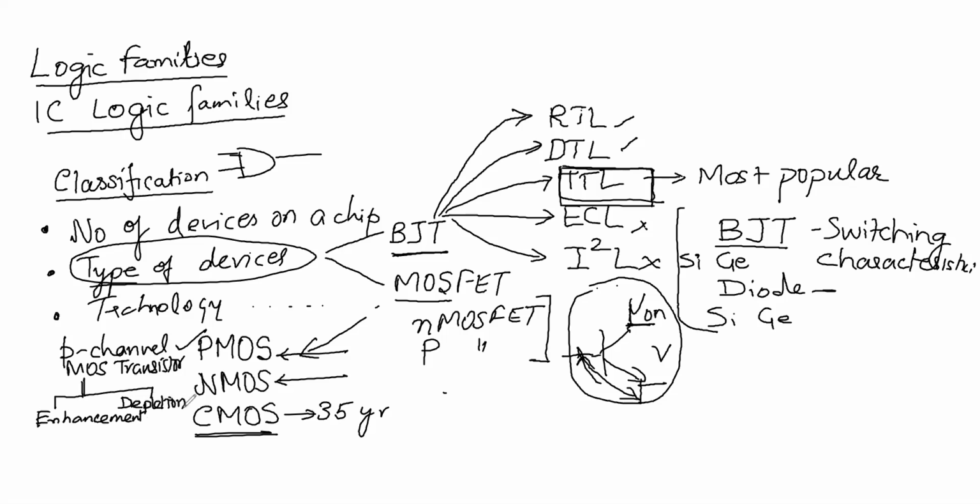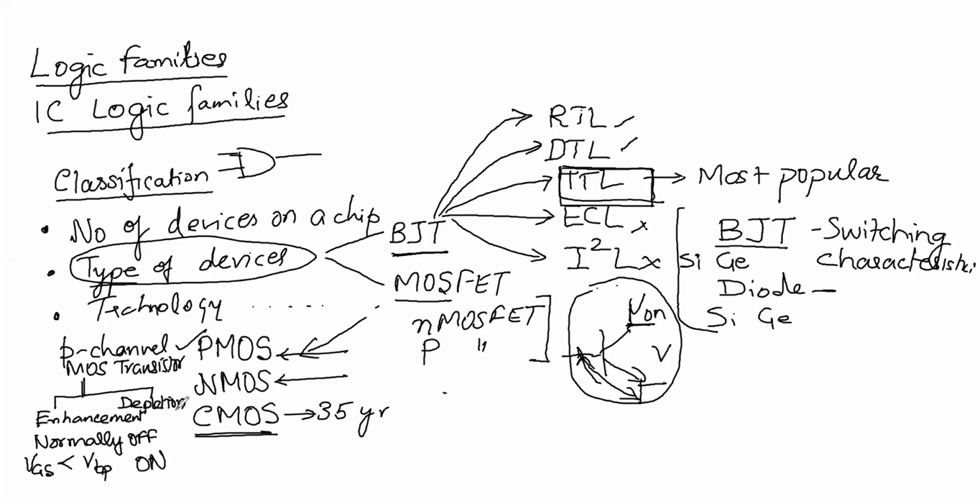Now an enhancement mode device is normally off, and when you apply a VGS which is less than VTP, then it turns on.